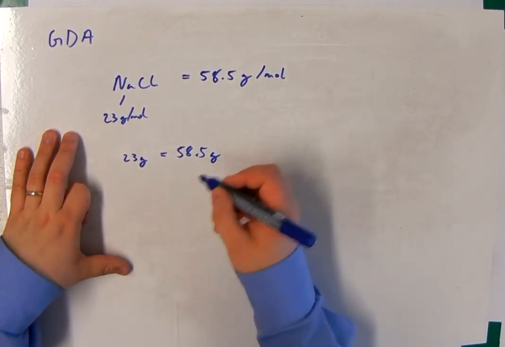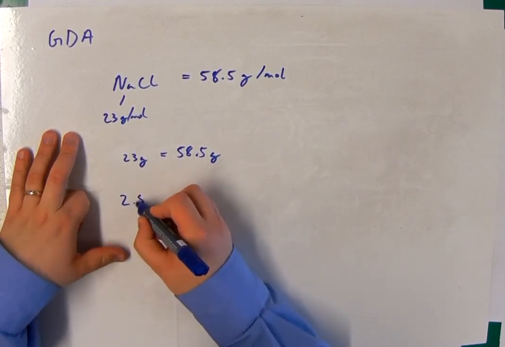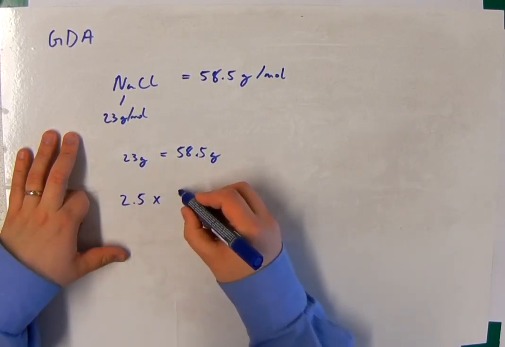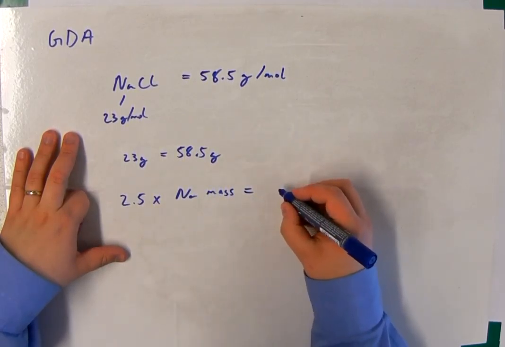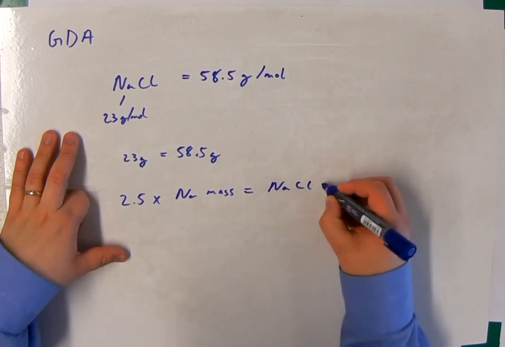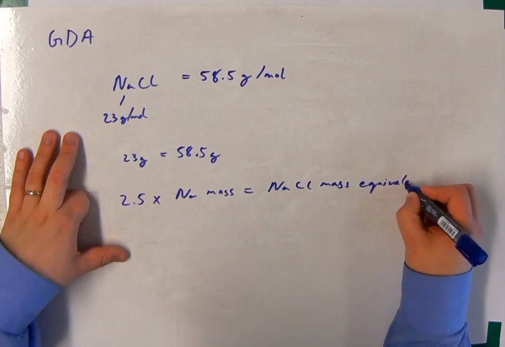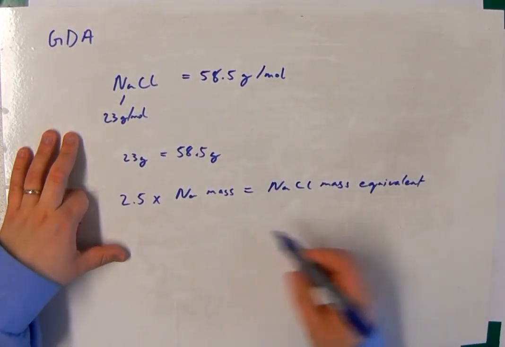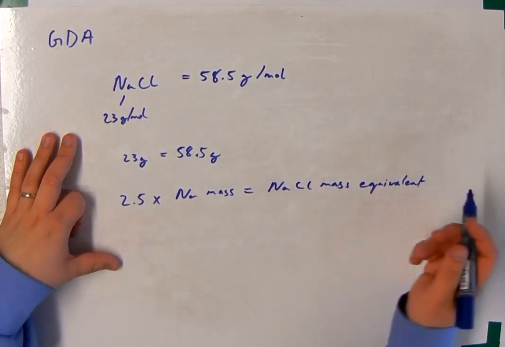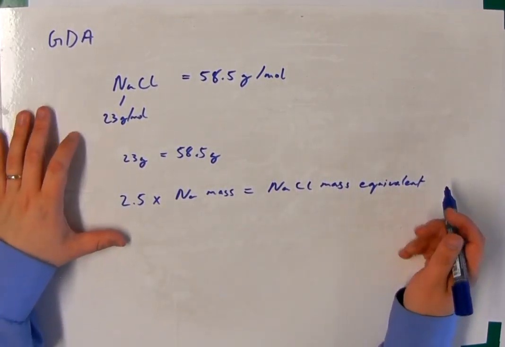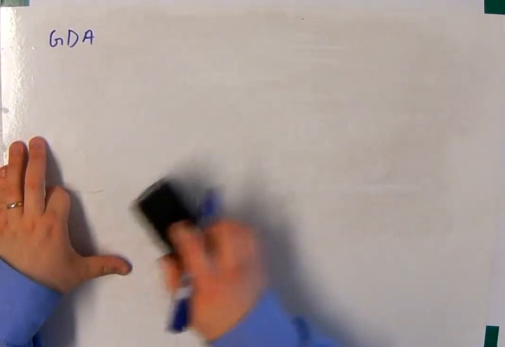So what we can just do, 2.5 times sodium mass equals the salt mass. Let's call it the salt mass equivalent. If it were all salt, it would be 2.5 times the amount of sodium. So it's worth looking at that and making sure you understand how to do that. Simple little shortcut there to do that.